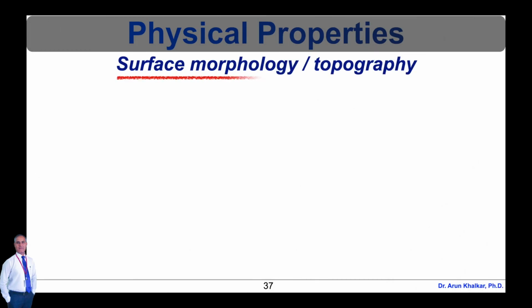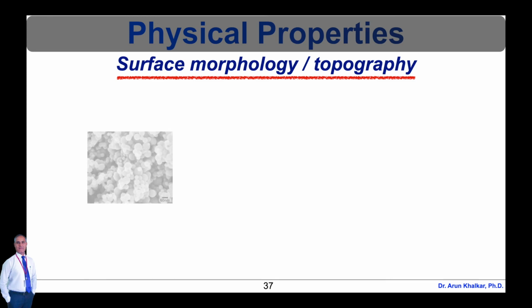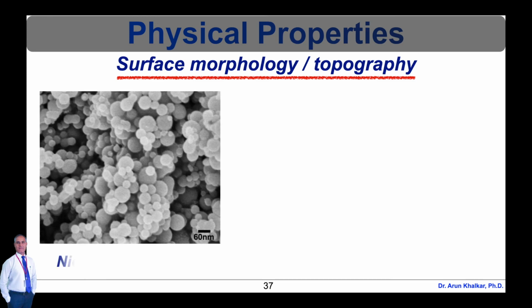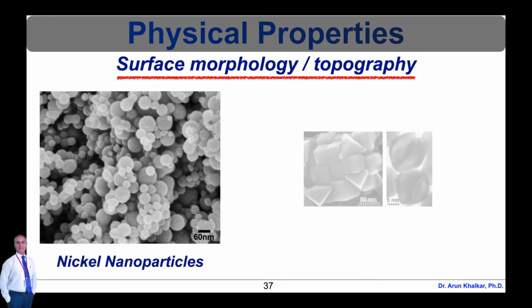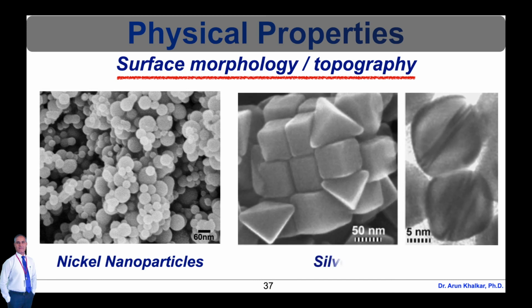Next is surface morphology or topography. Here the morphology of nickel nanoparticles and silver platelets are shown in these pictures. Morphology, that is the study of form comprising shape, size and structure, is important for materials research in general.